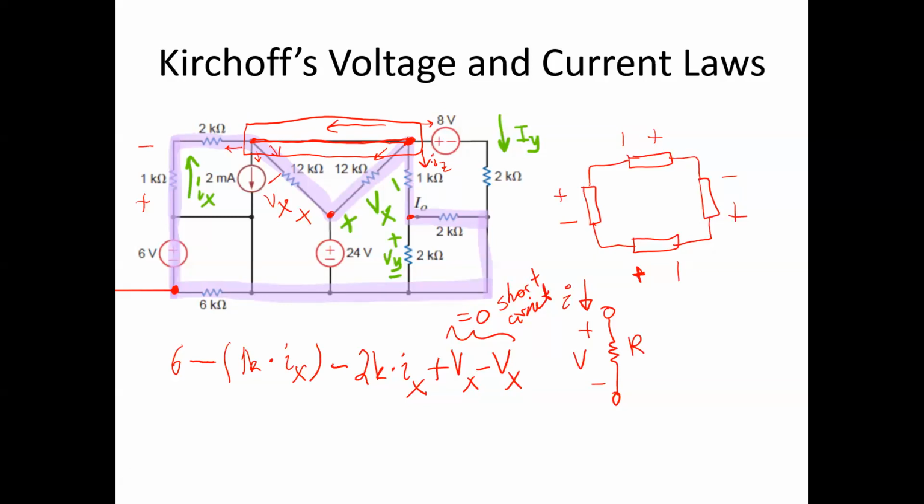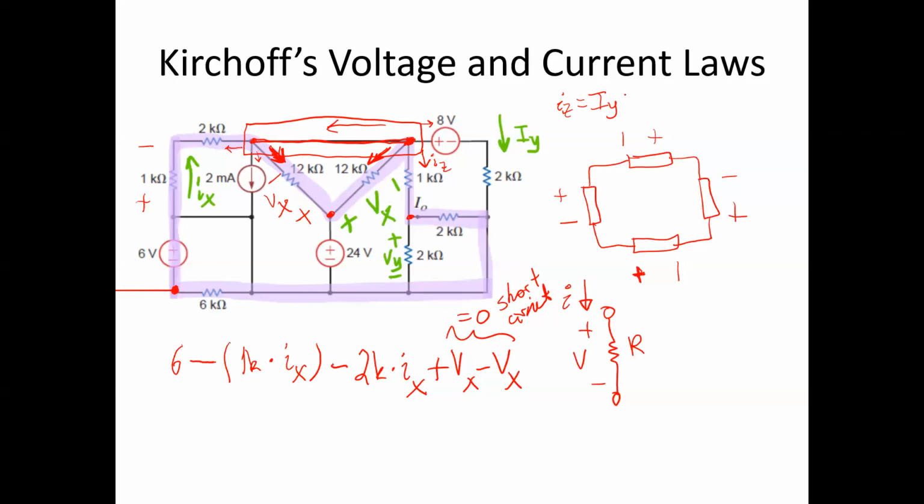So in the case of IZ, this means that I would have to write that IZ equals IY. And then notice that the current through each of the 12 k ohm resistors here, since they're a reverse sign, will essentially cancel out, so I don't have to worry about them.